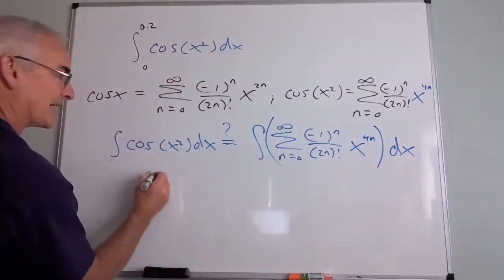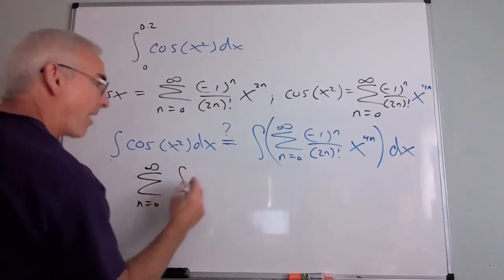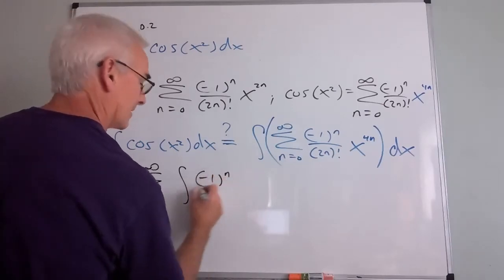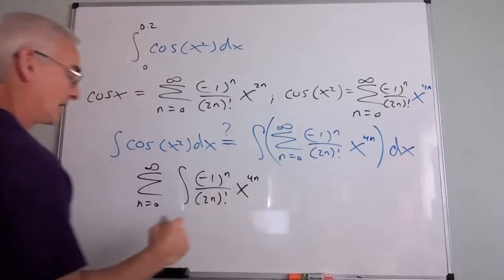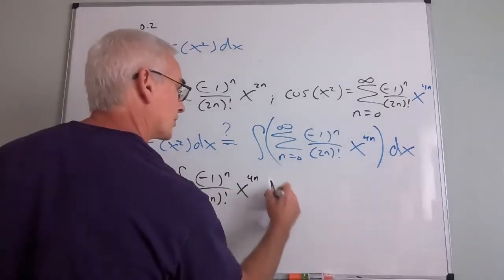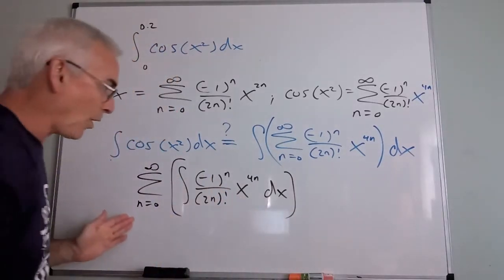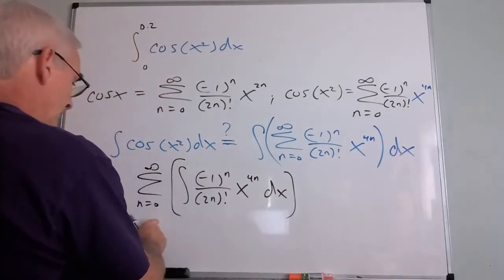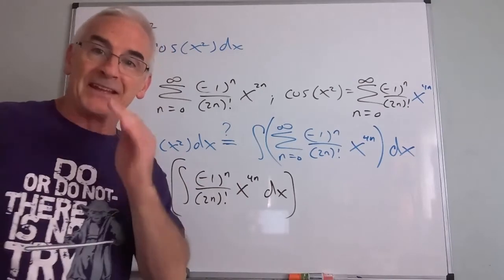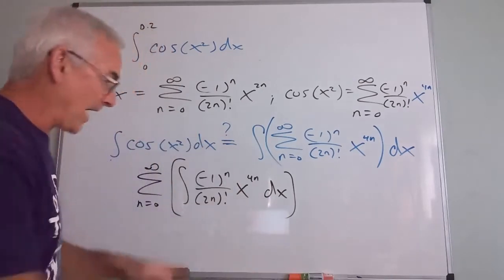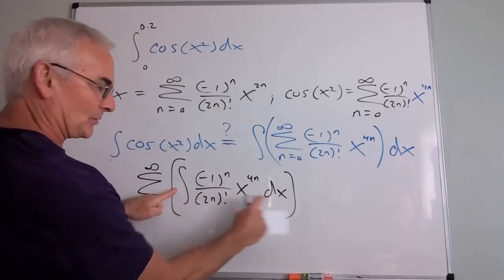So can I rewrite this as the sum of the integrals? The integral of a sum is the sum of the integrals. We know this. Oh, so I can do it like this. See, when n equals 1, I have a particular function. When n equals 2, I have a particular function. When n equals 10, I have a particular function. But rather than integrate each of those specific functions, I'm going to integrate one thing because right now I have an integral. Right now, x is the only variable.